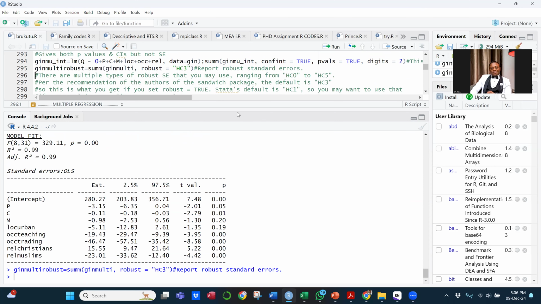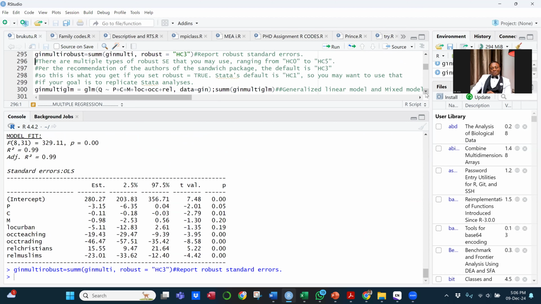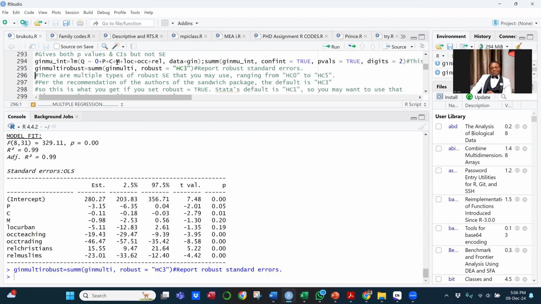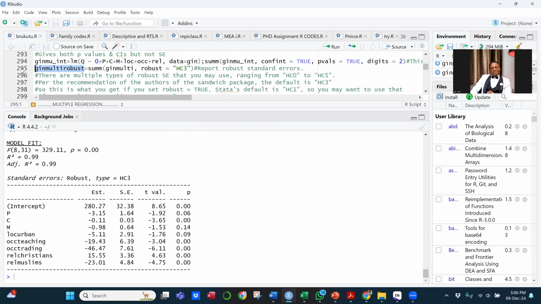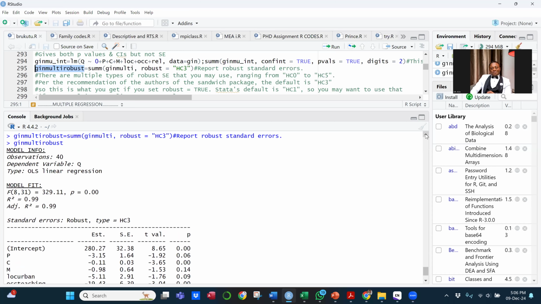So with the robust one, you don't get the results displayed. If you want to know the result, just highlight it and show the results. So I just did. Look at it. It tells you that it is robust and the type of heteroscedasticity correction is HC3.